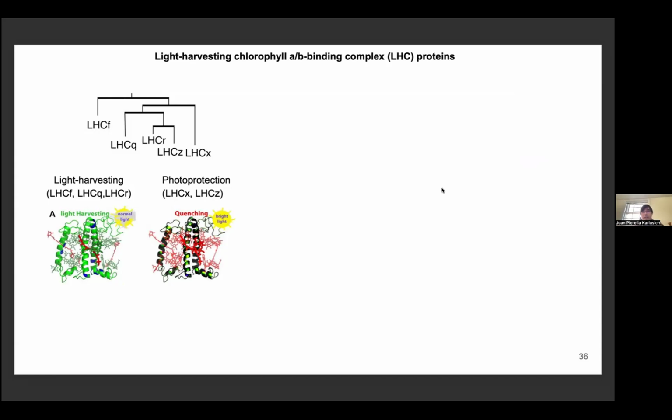So the ratio in expression of the different subfamilies is very important in order to fine-tune photosynthesis, because photosynthesis consists of electron transport in the photosynthetic chain, and an excess of electrons can generate damage to the cell, and a deficiency of electron transport can generate lower growth. So it's super important, the fine-tuning between light harvesting and photoprotection.